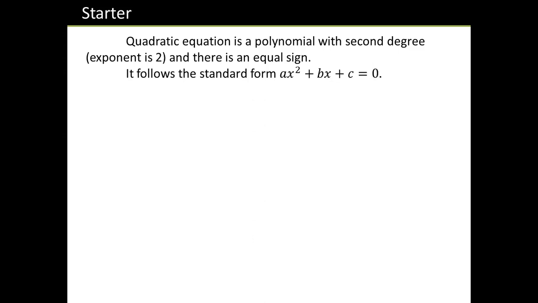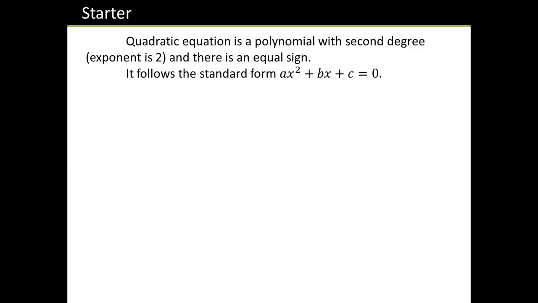We learned that in our topic about polynomials: term, expression, equation. Term is only single. Expression is made up of two or more terms separated by positive or negative sign. And equation is made up of expressions with the equal sign.